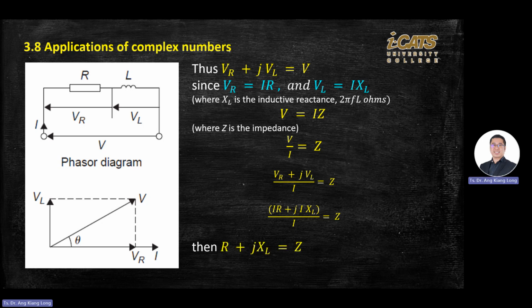We can write in this form: when you divide IR by I, you get R. IXL divided by I, you get XL. You remove the I.